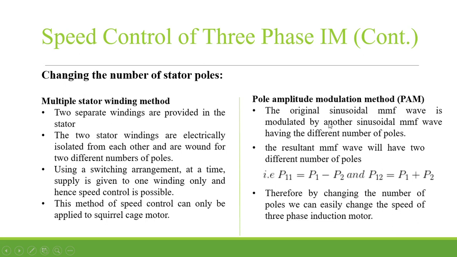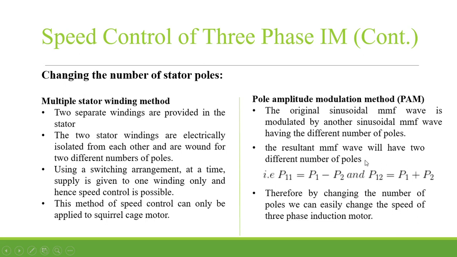What we do in this is take the original revolving sinusoidal MMF wave, the magnetomotive force wave, which is produced, and we modulate it. We try to change its frequency. So we modulate it by another sinusoidal wave with a different number of poles, so that the resultant MMF will have a different number of poles.